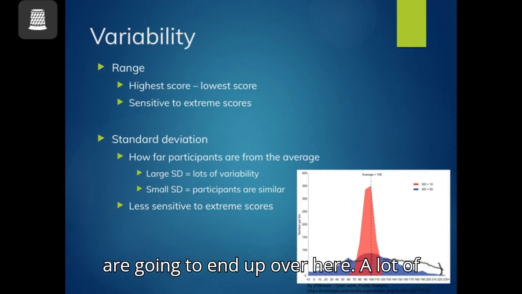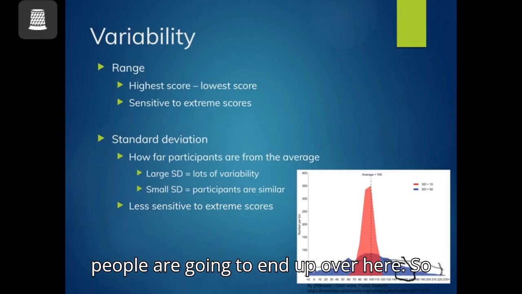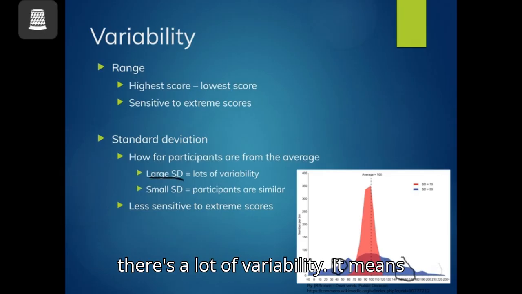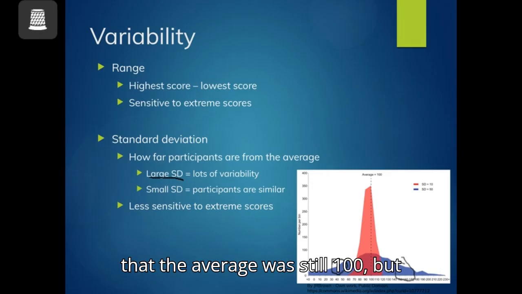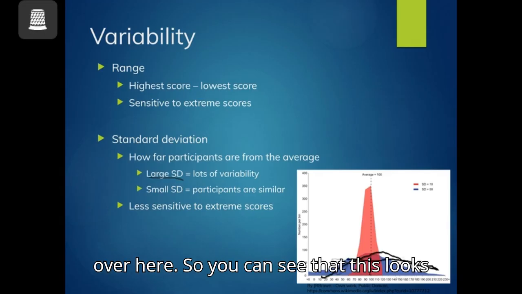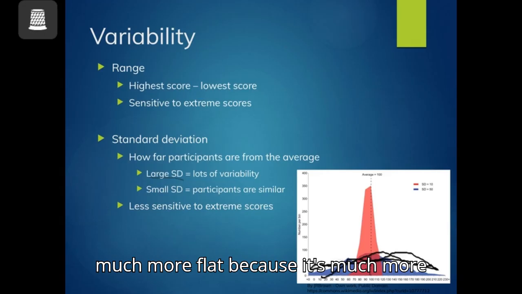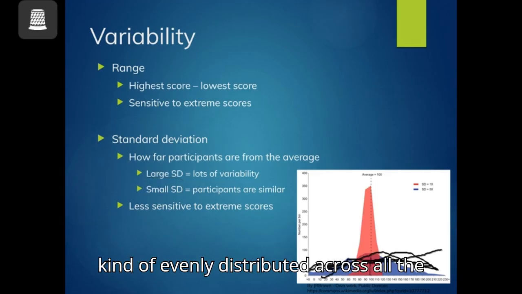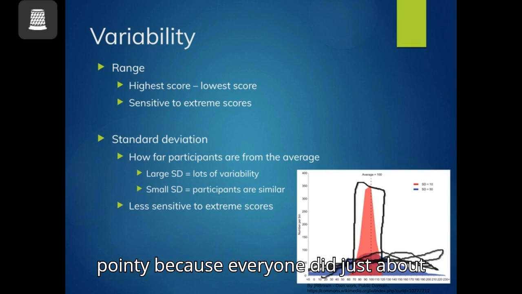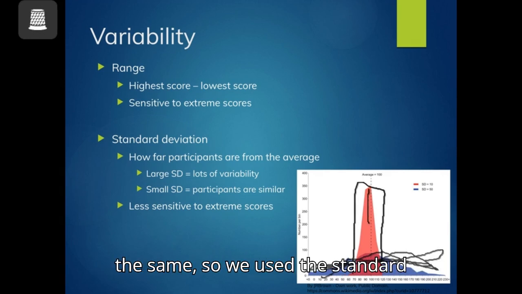A lot of people are going to end up over here, and a lot of people are going to end up over here. So that large standard deviation means that the average was still 100, but the distribution looks much more flat because it's much more evenly distributed across all the scores. Here, it's much more pointy because everyone did just about the same.